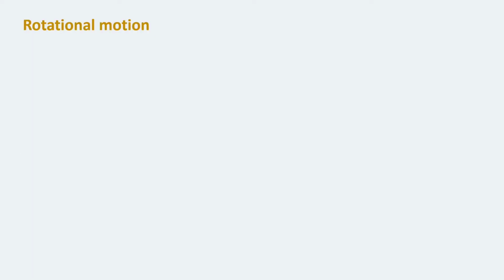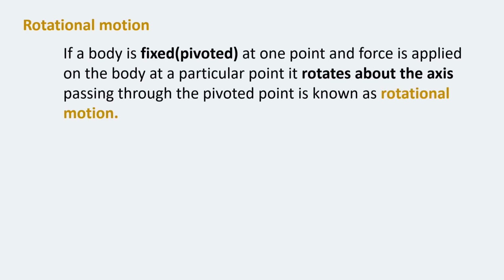So let us understand the concept of rotational motion. If a body is fixed or pivoted at one point and a force is applied on the body at a particular point, it rotates about the axis passing through the fixed point. This is known as rotational motion.